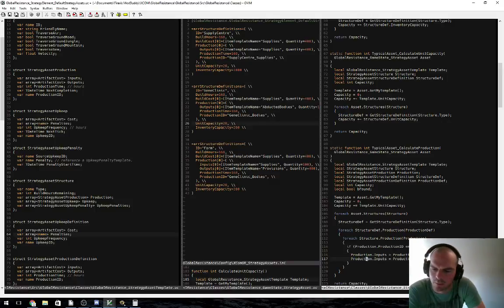We'll do the same for the outputs. We'll do the same for, what else will we do? We'll do the same for the production time. All of these are fixed values, and then we won't update next completion. And then we'll also set bFound to equal true.